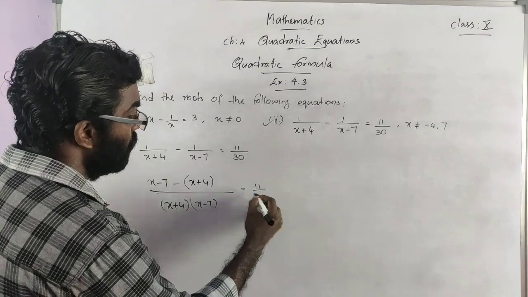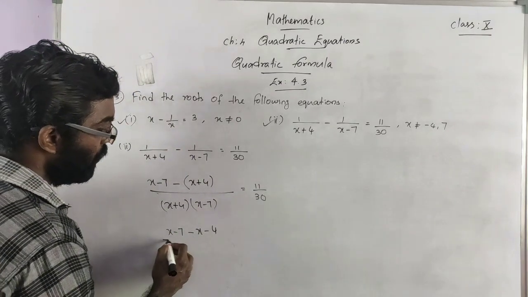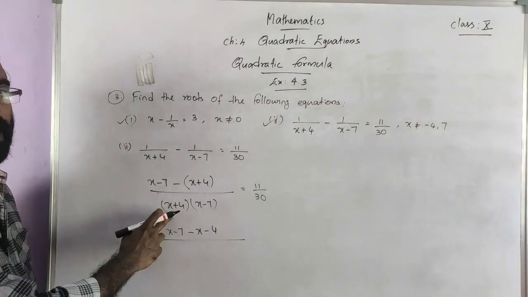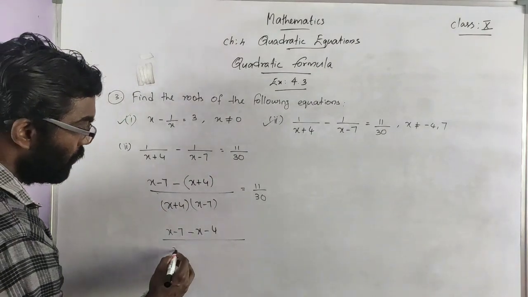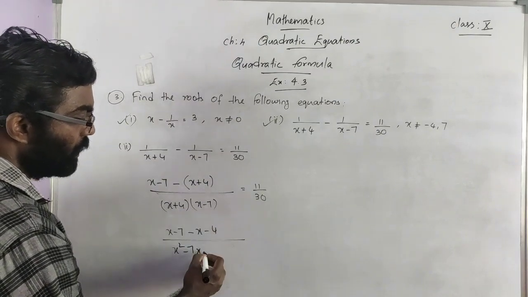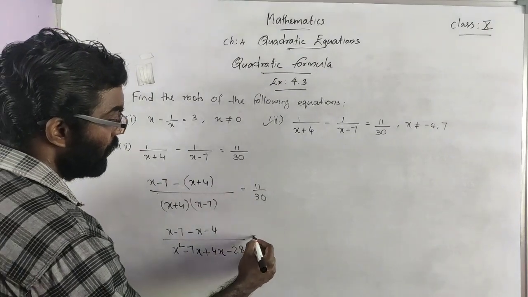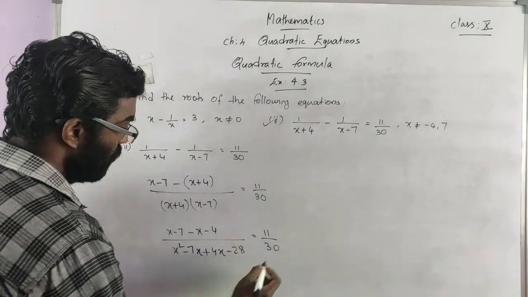That is x minus 7 minus x minus 4, divided by, here we can multiply and remove the bracket: x into x is x square, x into minus 7 is minus 7x, 4 into x is plus 4x, 4 into minus 7 is minus 28, which is equal to 11 by 30.